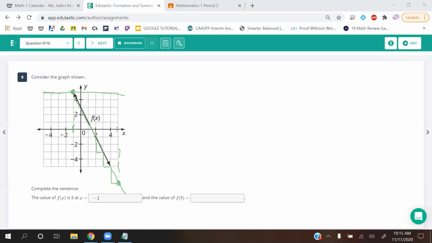So when our x value is 5, what is our y value here? We know that this is -5. Then if we went down more, -6, -7, because we go down 2 before we go right 1. So if we went down 2, we would be at -7. Are there any questions on this one?